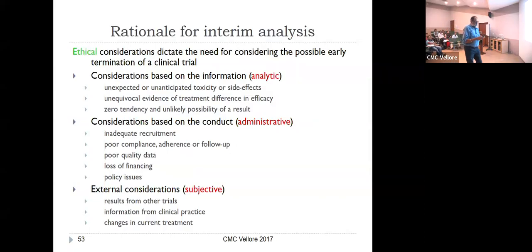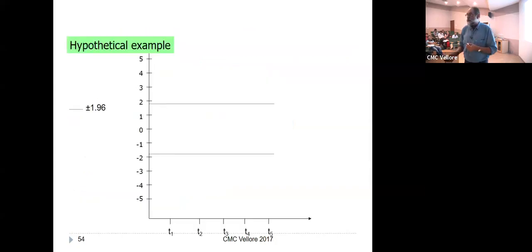All right, so let's look at a hypothetical example. Suppose I'm doing a study, and because ethics says so, I'm going to do the study over, let's say, 5 years, and I'm going to look at the study every year. Or maybe it is over 2.5 years, and every 6 months I'm looking at it, whatever. But I'm going to look at the study 5 times: once at the end, but 4 times in the middle.